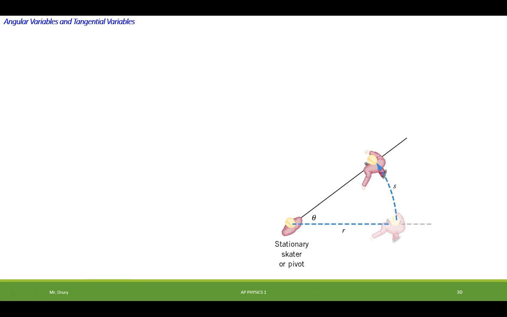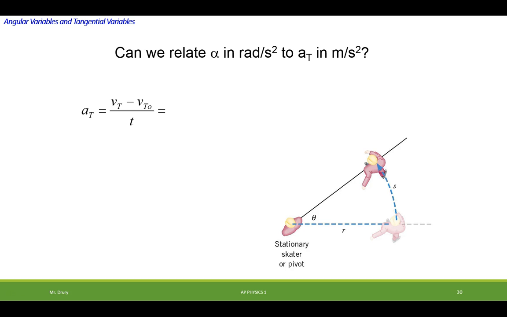Alright, let's see if we can do the same thing now for acceleration. Can we relate angular acceleration to linear acceleration? Well, we know that linear acceleration is equal to change in velocity over change in time. And we know that velocity tangential is equal to r omega from the prior slide. So we can replace all the velocity tangentials with r omegas.